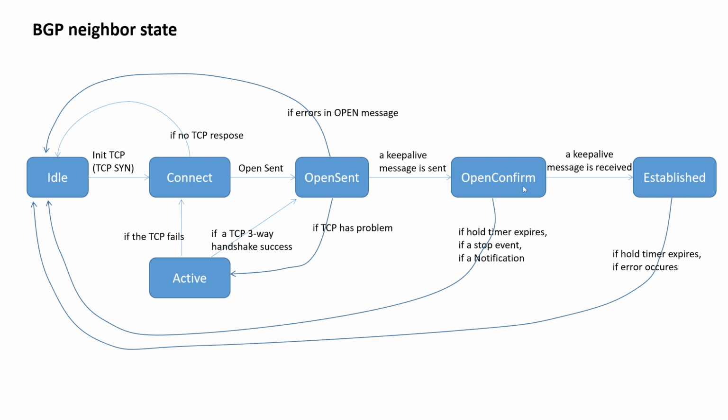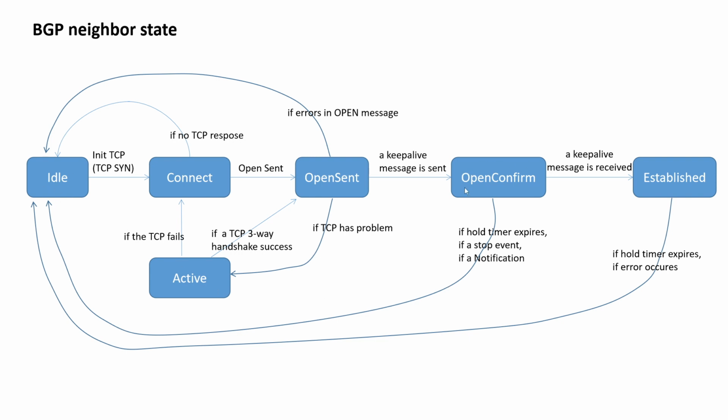In the open confirm state, as long as the router receives the keepalive message from its peer, that means the BGP session is okay, and the router moves to the established state. If there are some issues, for instance, if the hold timer expires or an error occurs, then the BGP state moves back to idle.